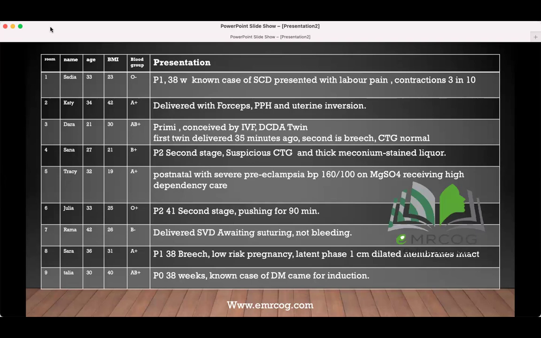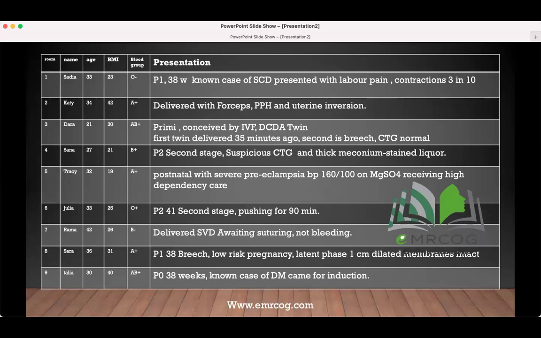So for the first case, Sadia, she's primary with the background history of known sickle cell disease, come in labor with contractions 3 in 10. I will assign ST1 to attend this case as this is a semi-urgent case, and I will involve a multidisciplinary team which involves senior obstetrician, anesthesia, hematologist, and also senior midwife to see the patient.